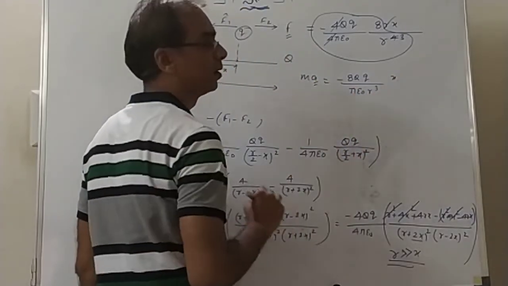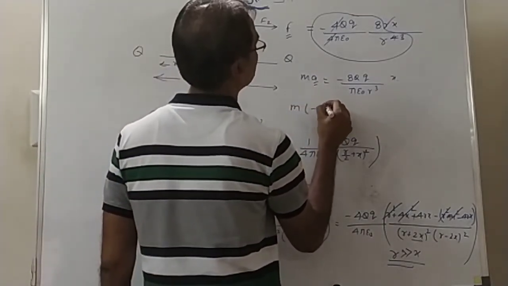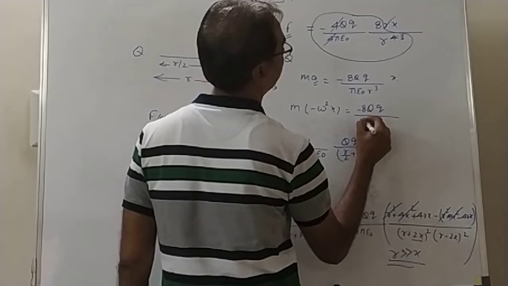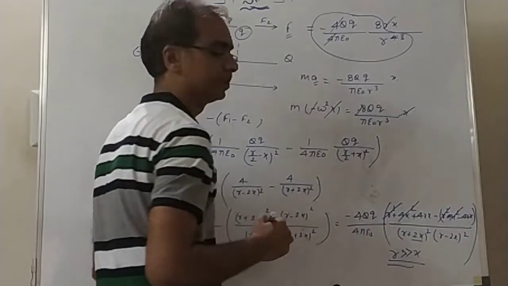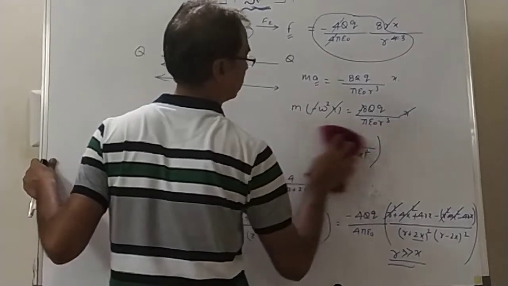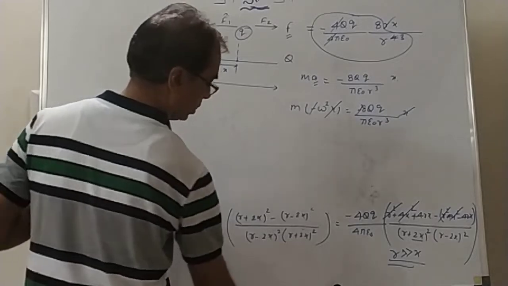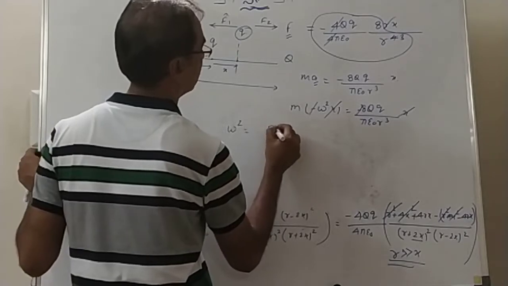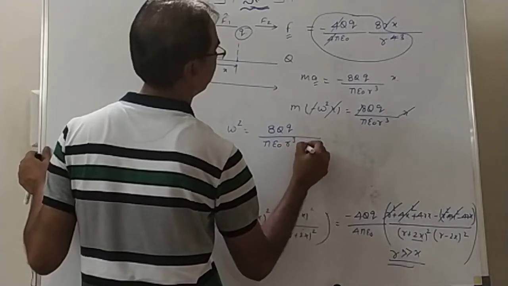This acceleration for SHM is written as minus omega square x. So minus omega square x equals minus 8 q by pi epsilon naught r cube into x. The minus is cancelled, so we are getting the value of omega from here. Omega square equals 8q by pi epsilon naught r cube m.